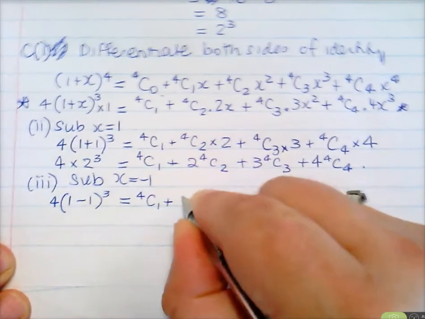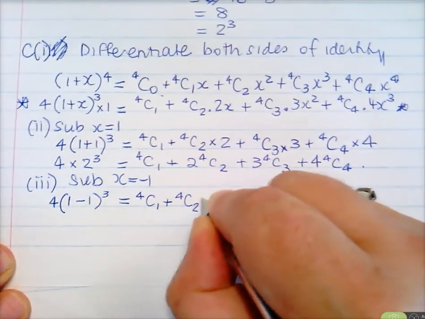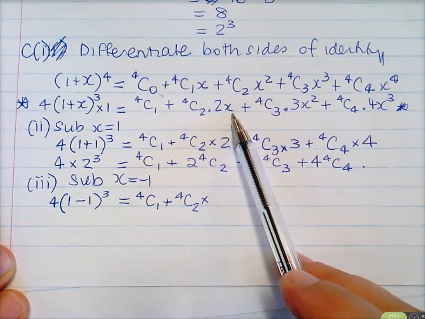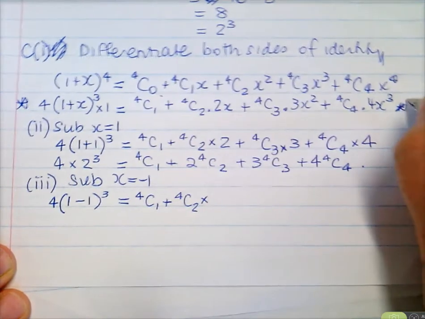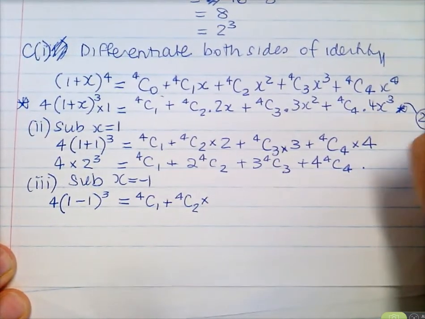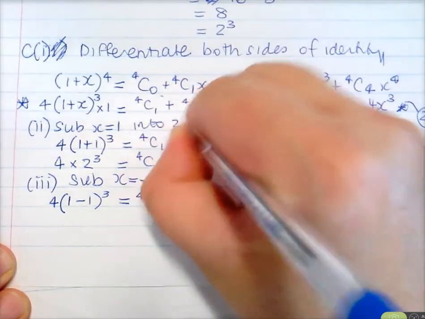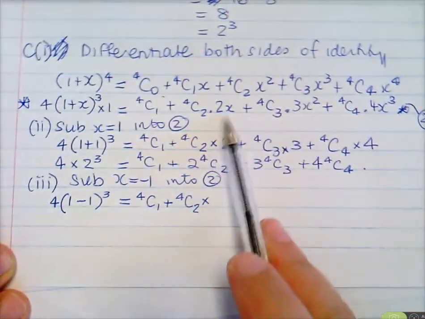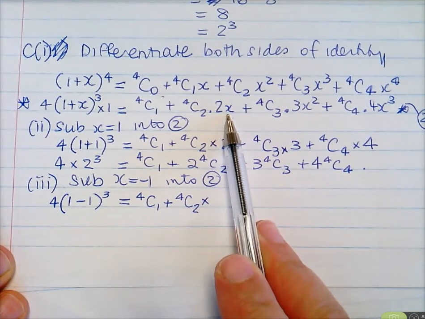4 choose 1 plus 4 choose 2 times what? If x is negative 1, what do you get? I'll call this equation 2. What do you get, girls? If you substitute x is negative 1 into here, what do you get?